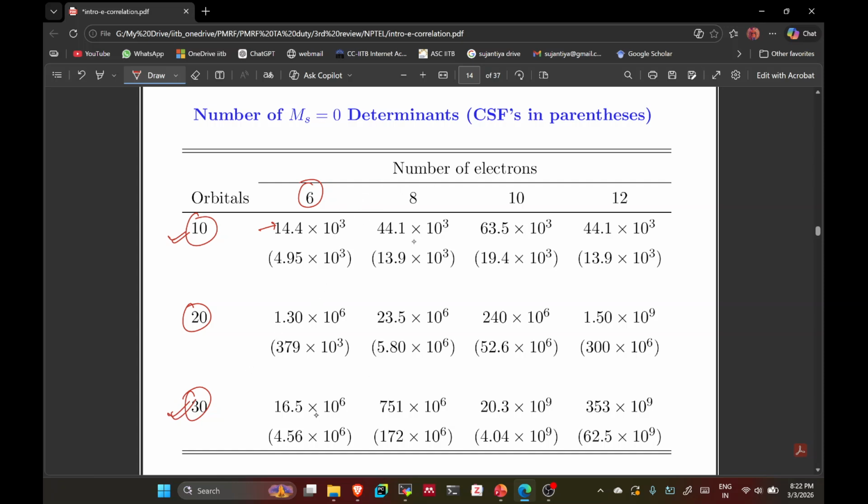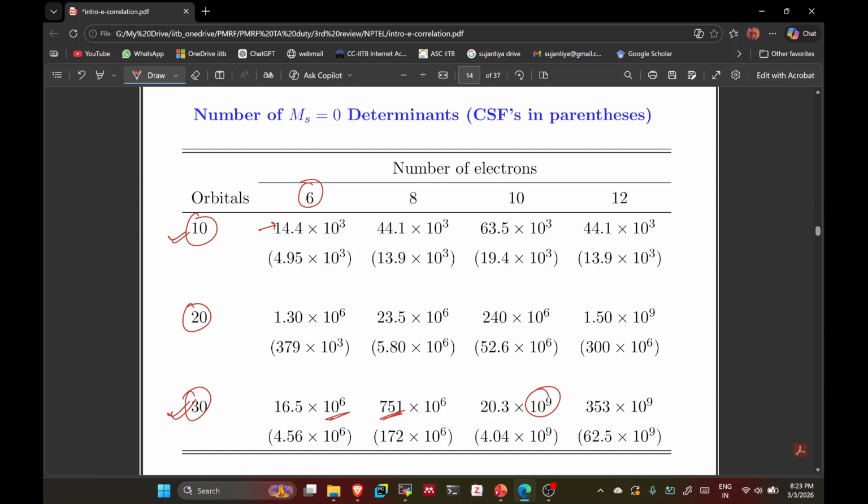At 6 electrons you have 10 to the power 6, and if you just increase by 2 electrons, the number grows much larger. If you go to 10 electrons, this number is huge. You cannot do any calculations with this number of electrons or orbitals.